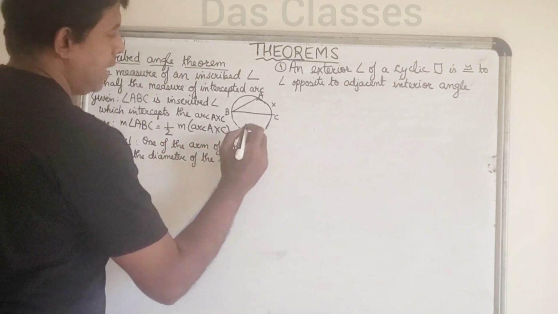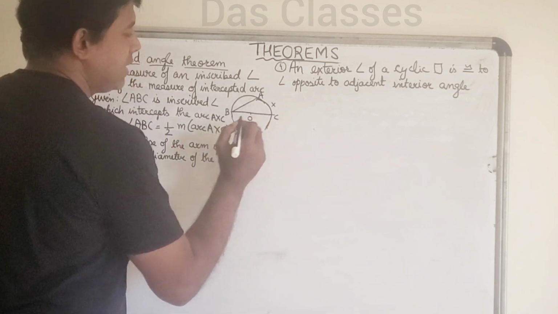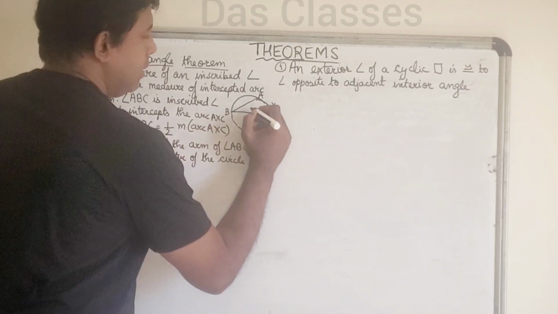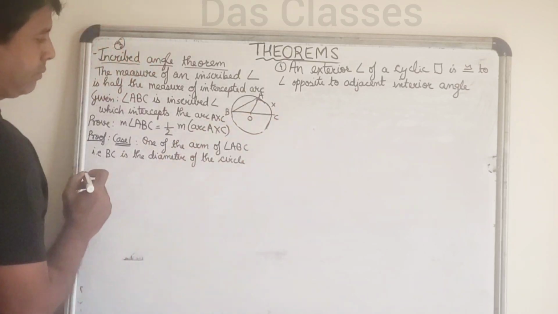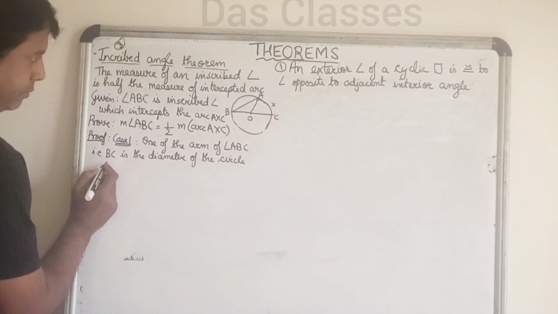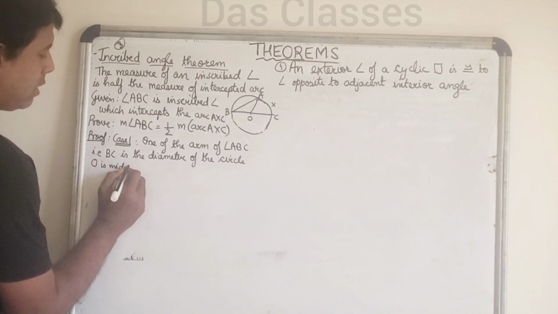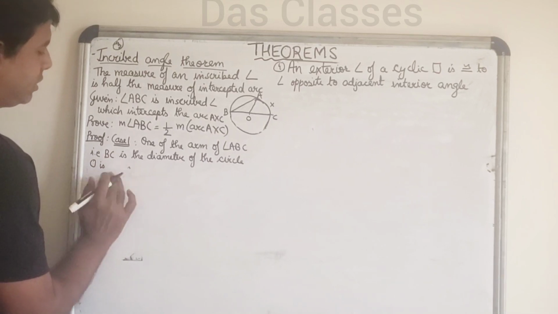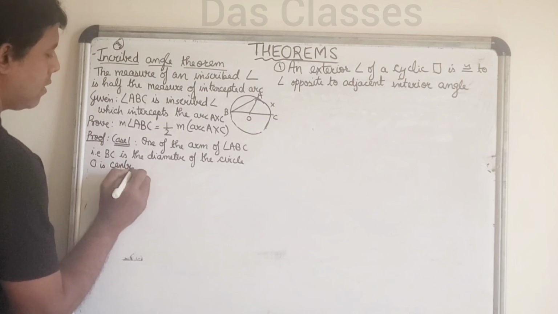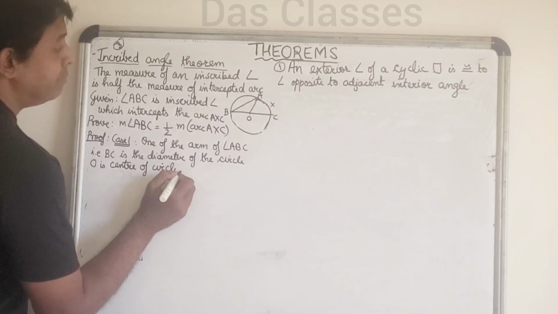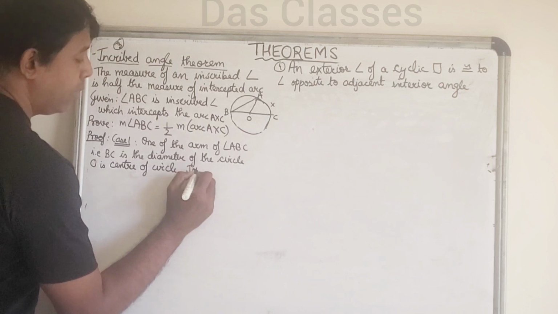Now let's take O as a midpoint, the center of the circle, and let's join OA.